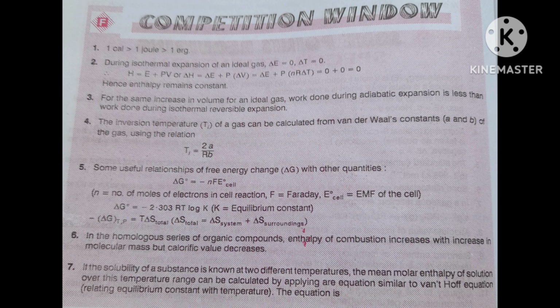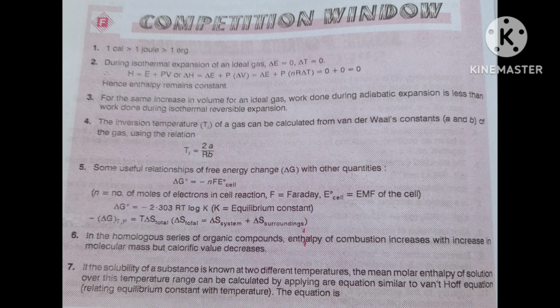That's why calorific value decreases for all these organic compounds in the homologous series. Remember, in the homologous series of organic compounds, enthalpy of combustion increases with an increase in molecular mass, but calorific value decreases.